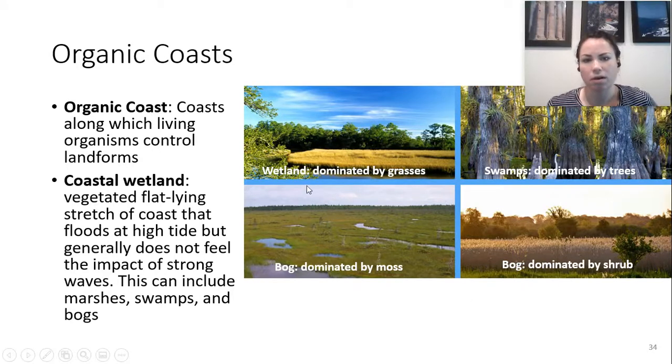Here's a picture of a wetland, which is dominated by grasses typically, whereas a swamp has a lot of trees. A bog has moss and shrubs. So these are some slight differences between the terminology of what makes something a wetland versus a swamp, and it has to do with some of these organisms that control the coastline.